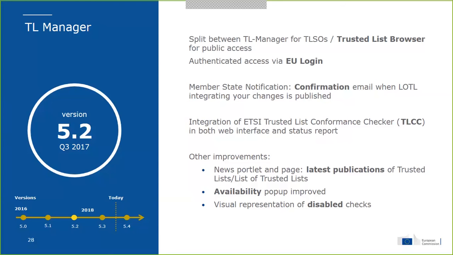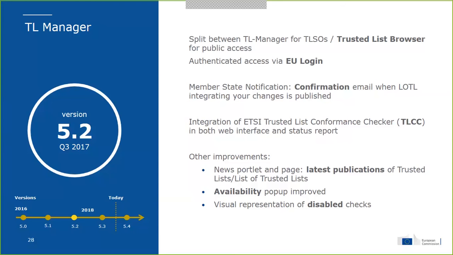Maybe less known is the page itself, because if you go in the menu on the left of TL Manager, you will see that there is a news entry. If you click on that, you will go to a dedicated news page with criteria that gives you the possibility to search among all these Trusted List publications, actually the full history of the Trusted List publications.